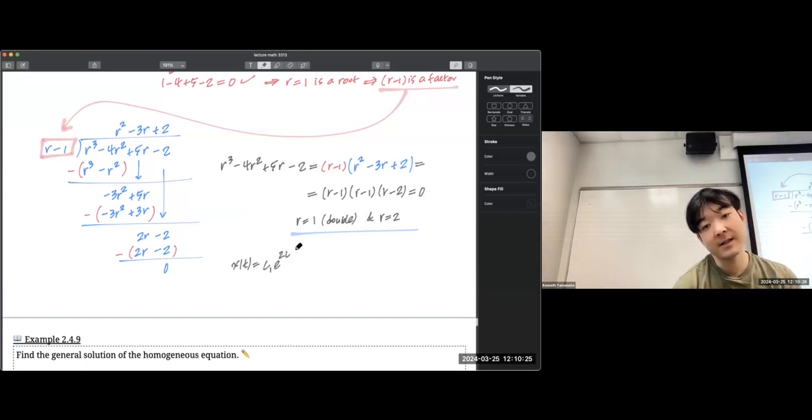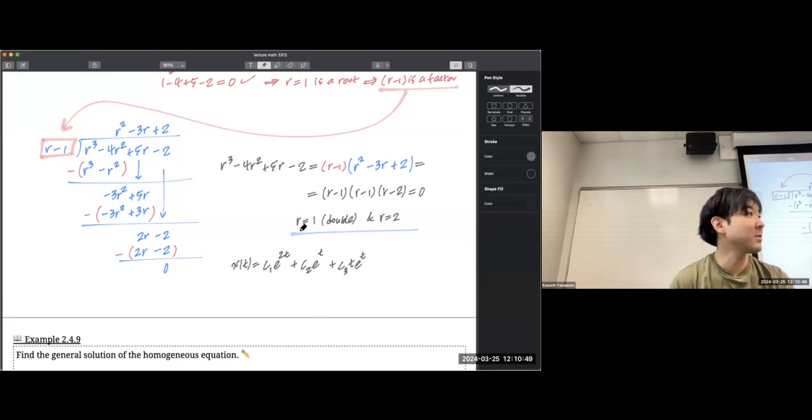So that's easier. The double root, at least one of them is really easy. One of them definitely better be C2 e to the t, right? But what do you think the other one should be? Yes, exactly. What we remember about double roots is that one of them will be the one you'd expect, the same pattern we've seen before.